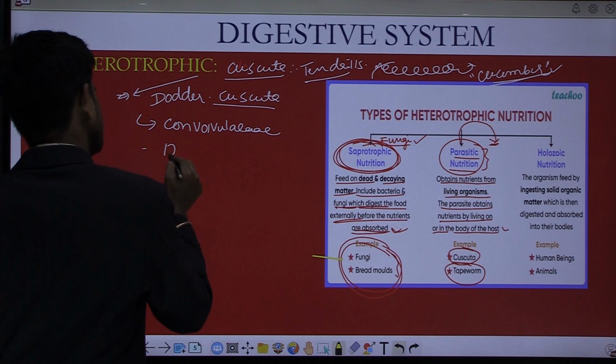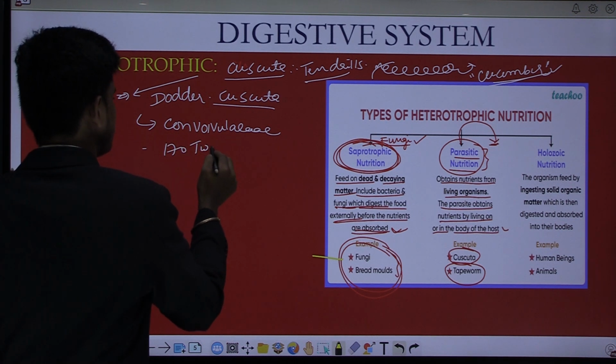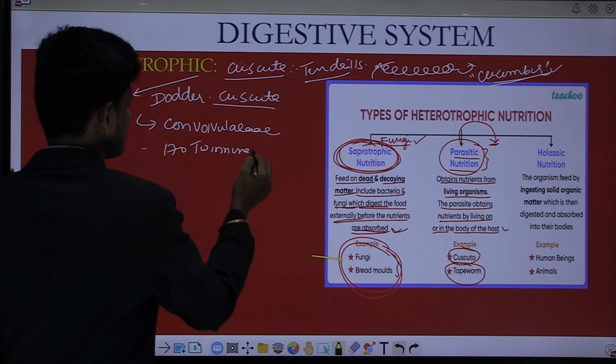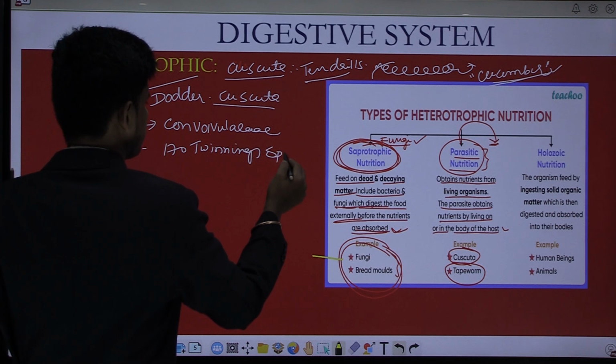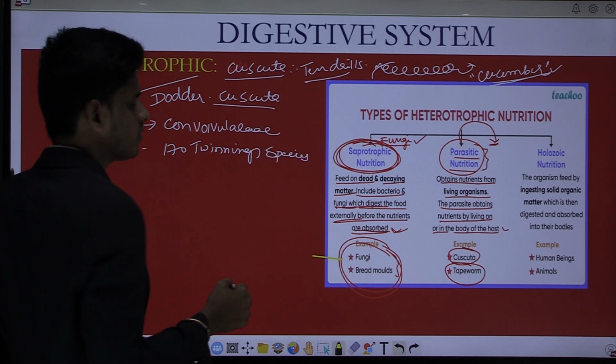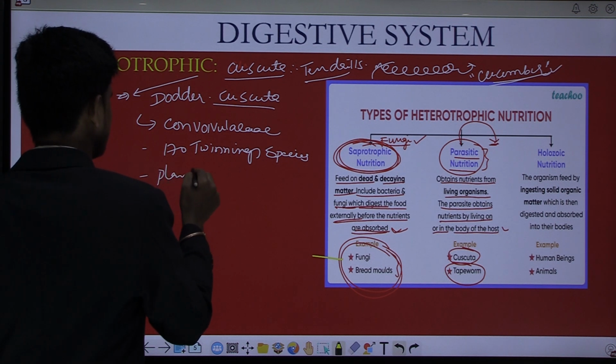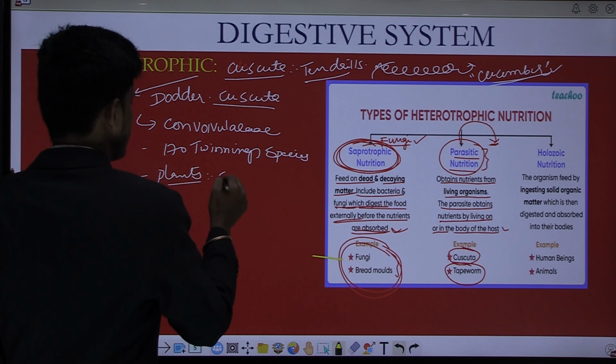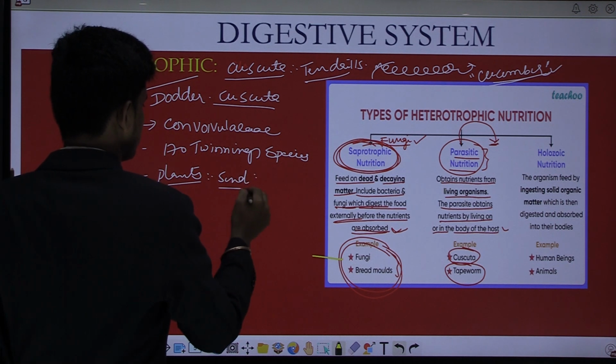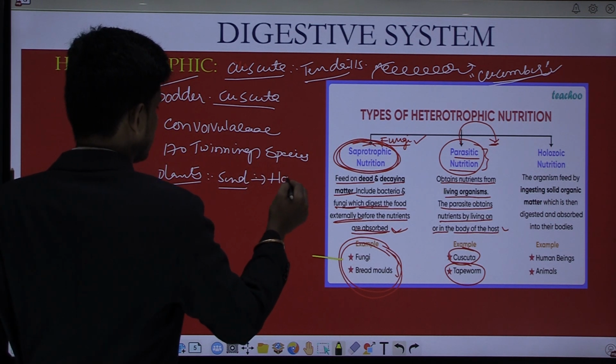It has 170 twining species. How many species are there? 170 twining species in the Convolvulaceae family. These plants send their vegetative part, such as haustoria. What is that?